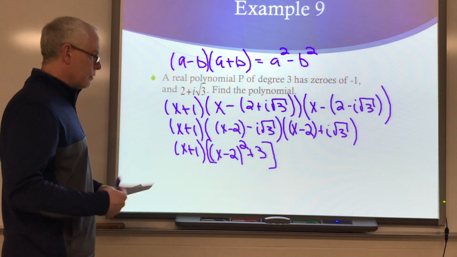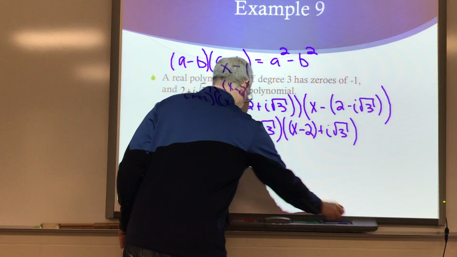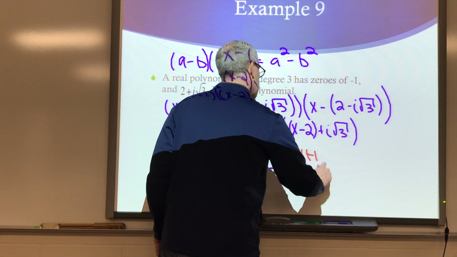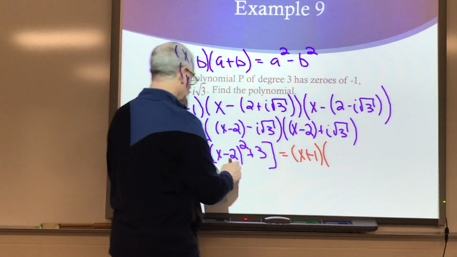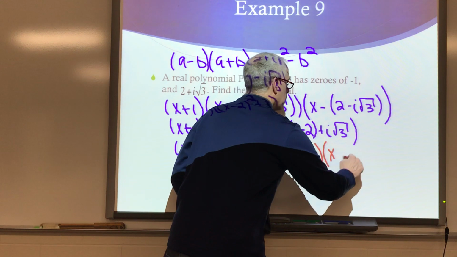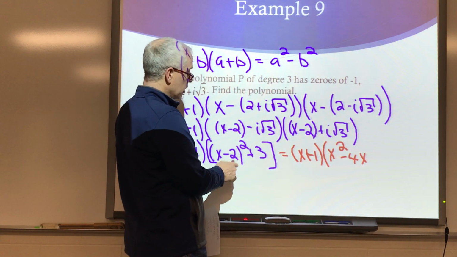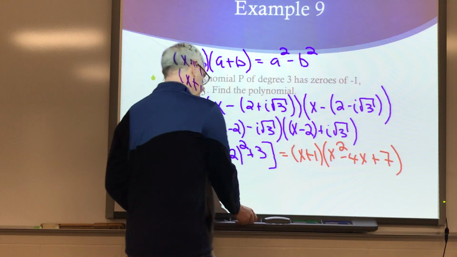So then I have to work this out just a little bit more. I'm going to take and square that. I'm going to leave the x plus 1. x minus 2 squared is x squared minus 4x plus 4, right? But plus 4 plus that 3 is plus 7.